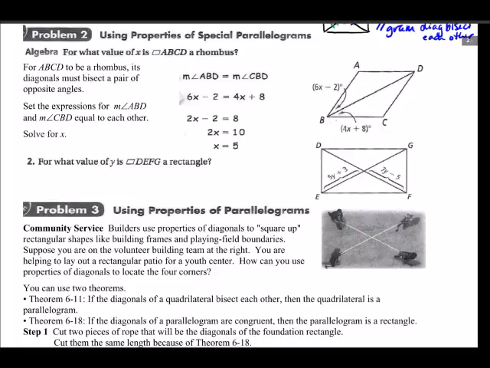Well, we know that in a rhombus, the diagonal bisects the opposite angles. So that tells us that those two angles are congruent. And then simply by definition of congruence, we can say that the measures are equal. So we substitute in our values and solve for x. There's our value of x.